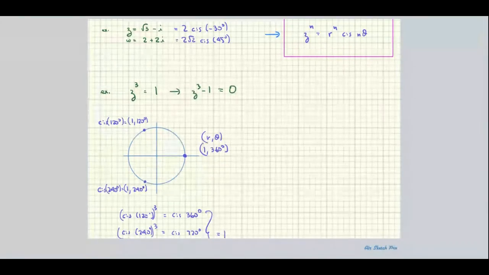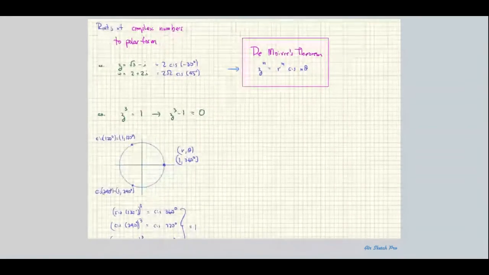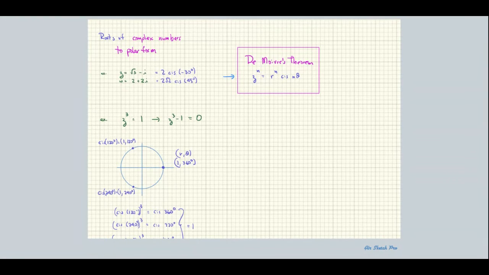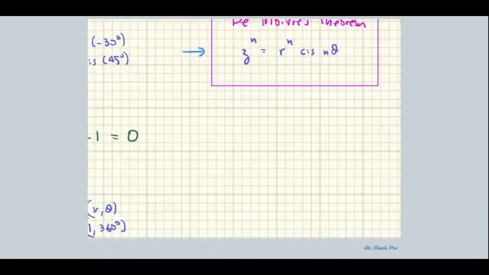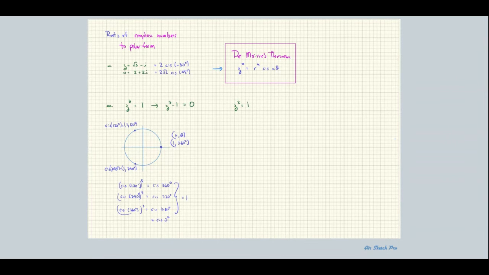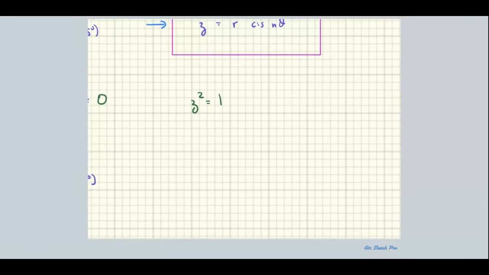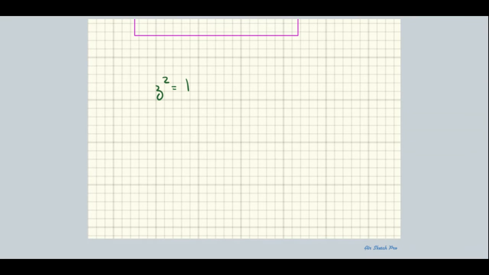Let's do the next obvious example. Square roots. z squared equals 1. Square roots of 1. Okay? Now I'm going to remind you that this is equivalent to z squared minus 1 equals 0, right?